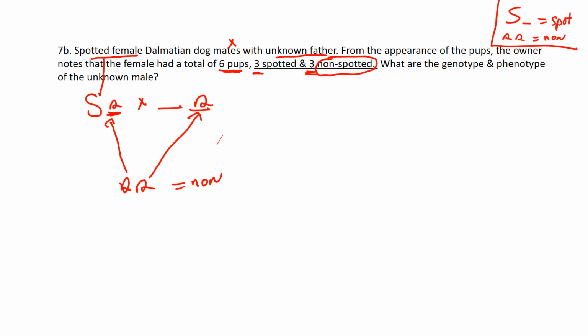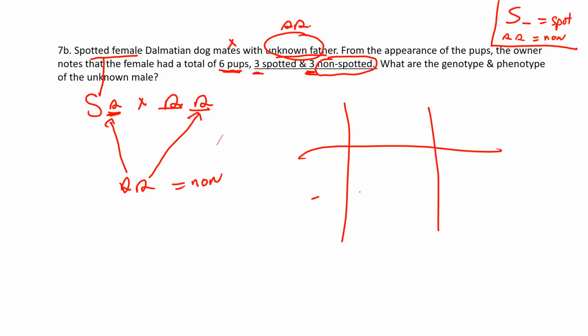If you go look at our patterns, the only way that you can have that is if that parent is recessive. That unknown father, we know must be a non-spotted father for you to be able to have that. And if you want to just test that with the Punnett square, you don't need to do this, but if you did want to do this, you can see we are going to get a 50-50.